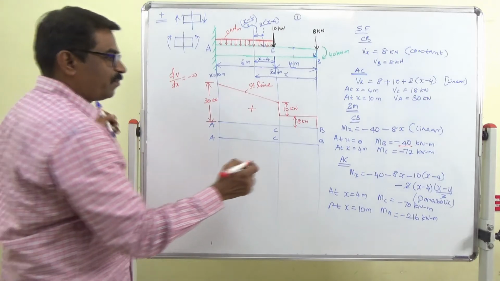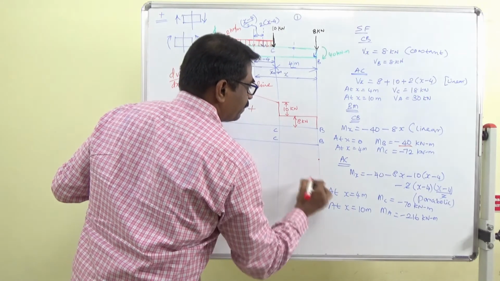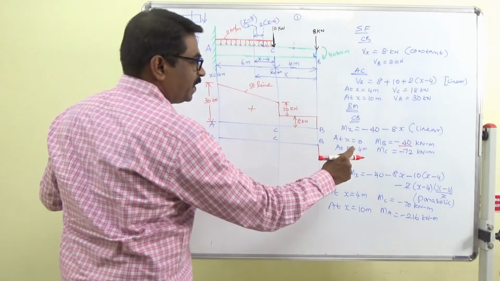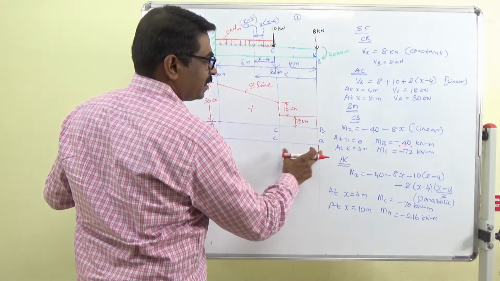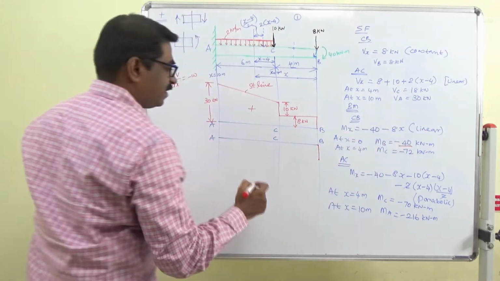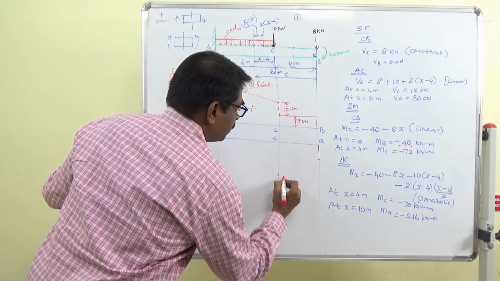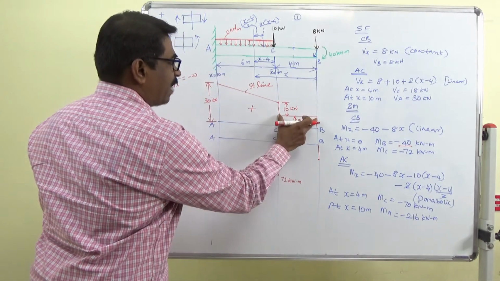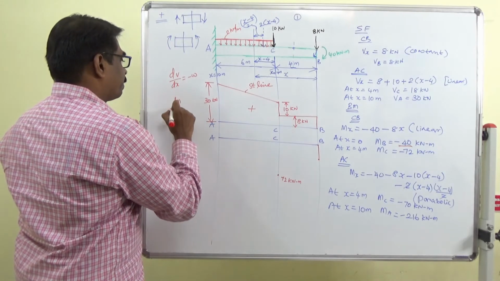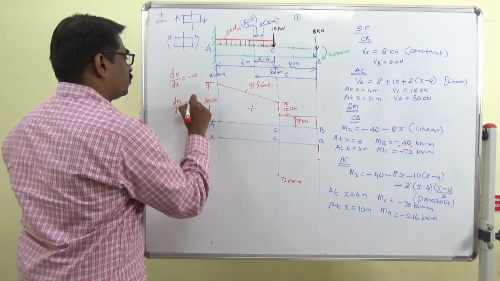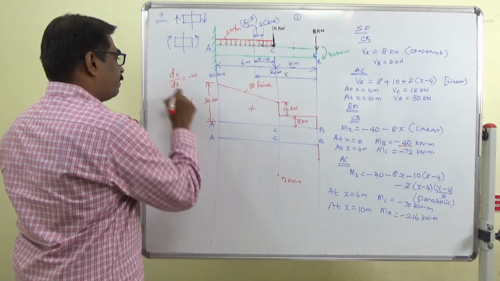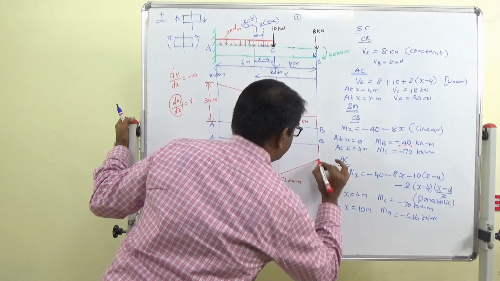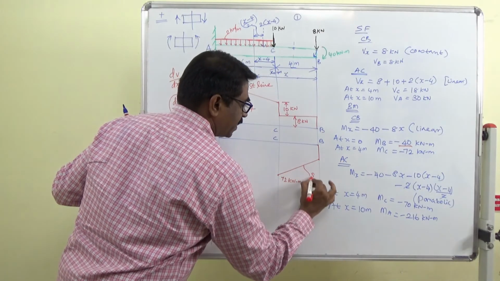So 40, at B we have 40, so I draw that, and between CB the expression is linear. The value is going to be 72 kilonewton meter, and when you have a constant shear force, the bending moment slope is constant, so it's going to be a straight line.